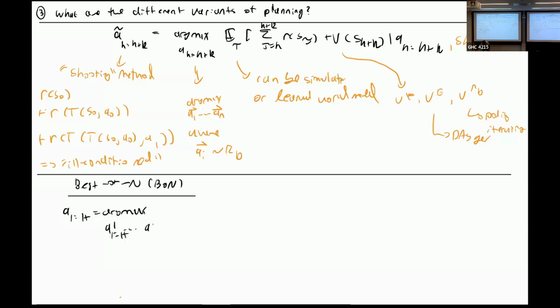So A_1:H, all sampled from some base policy B(· | s_H). And you can write this for language things, right? The terminal state here is really just going to be the concatenation of all the different tokens.